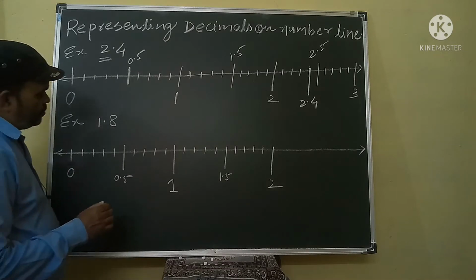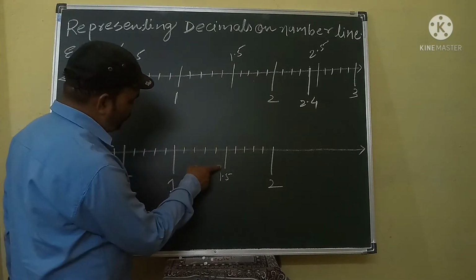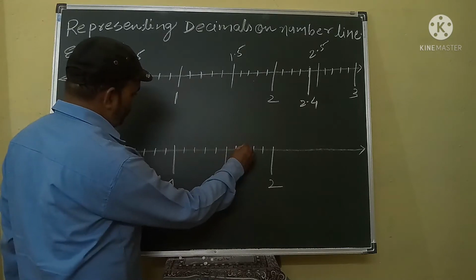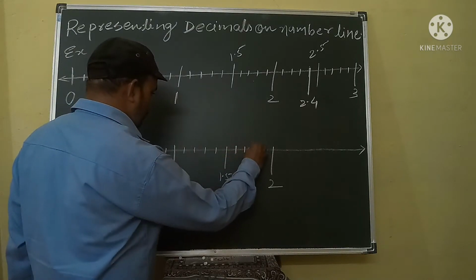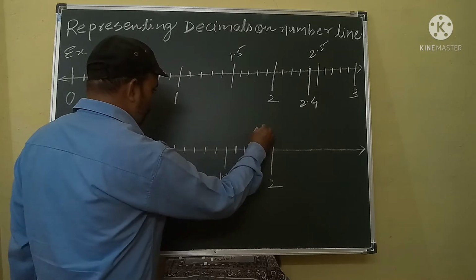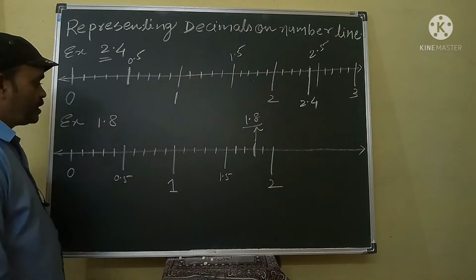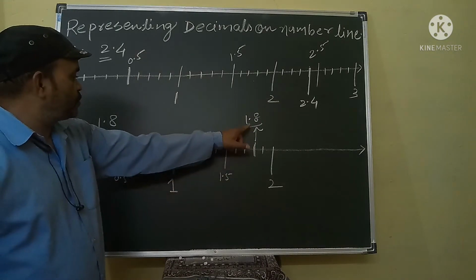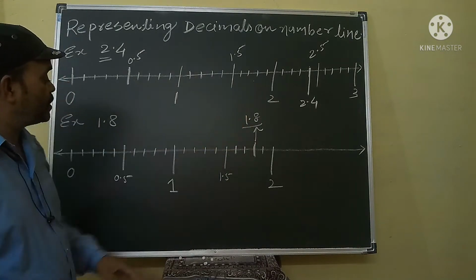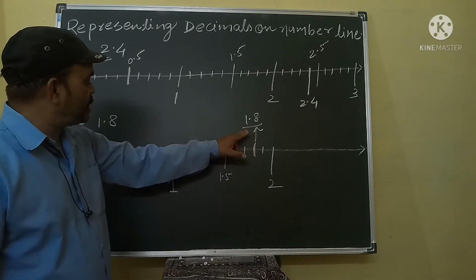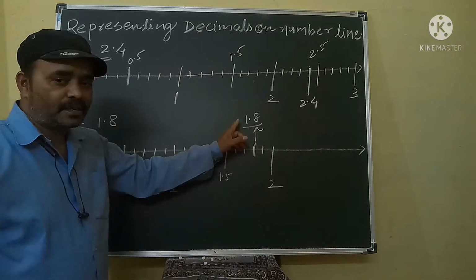My dear student, this is 1.5, then after this is 1.6, 1.7, and this point belongs to 1.8. This is the actual position of 1.8 in this number line.